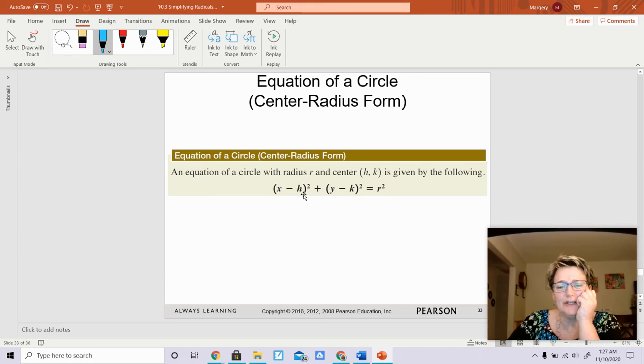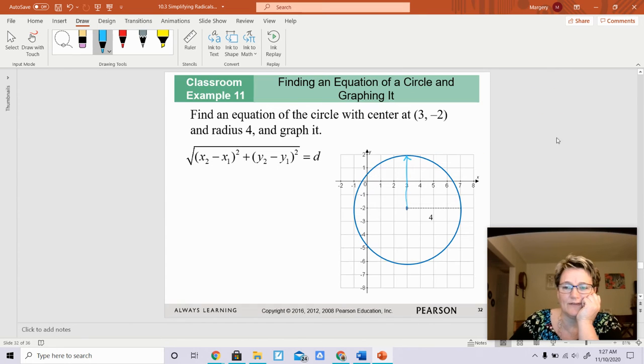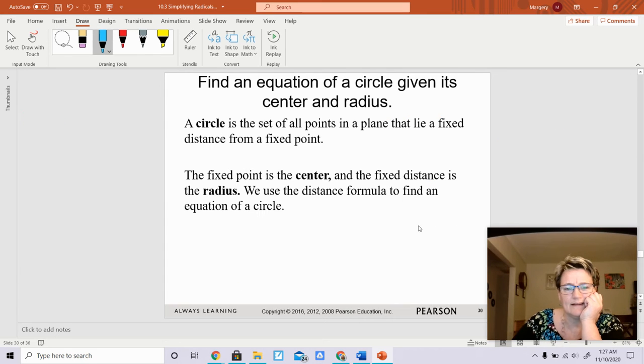So your HK is your center, not vertex, that's your center, HK. And that's your center. So yeah, that's what they want. They want this formula. So I'm thinking, I don't know what the formula is. So H, or X minus H squared, and it's plus, right? Where's my formula?